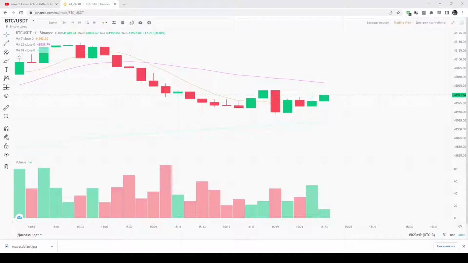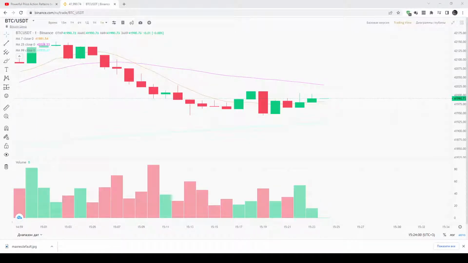Before you can know how to trade the dark cloud cover pattern, it's important to know when to avoid trading it. While these are reversal candlestick patterns, you don't want to trade them without context.